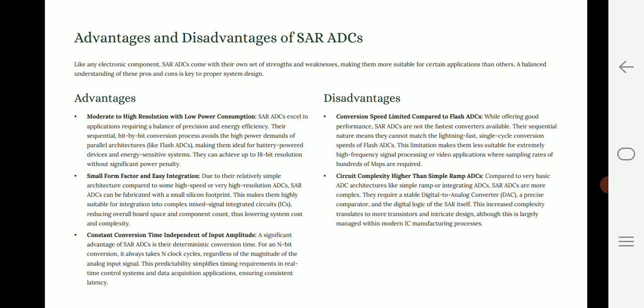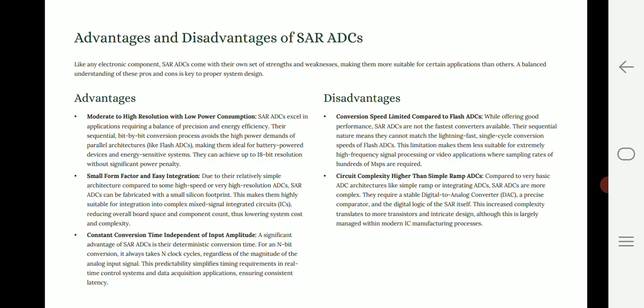When we have a situation where we have no facility to re-power or reload the power, in that type of situation, this SAR ADC is most usable. And coming to the small form factor and easy integration, while designing this SAR ADC, the integration of this circuit is of a small form, so that's the reason it is very thin, more compact, and takes less space.